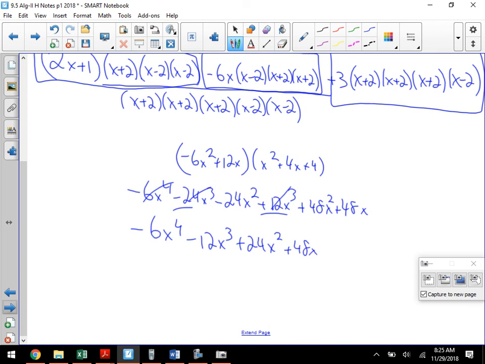Did you guys get negative 6x to the fourth minus 12x cubed plus 24x squared and a 48x?